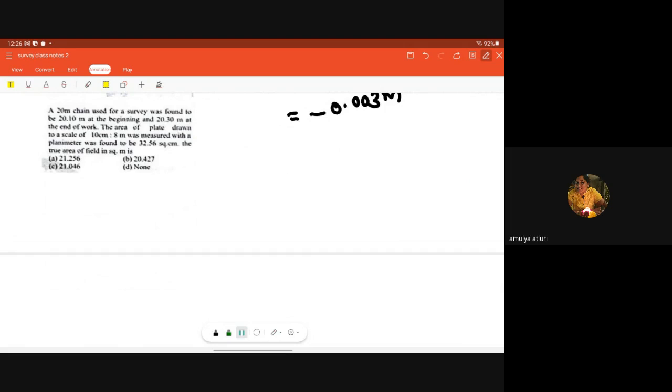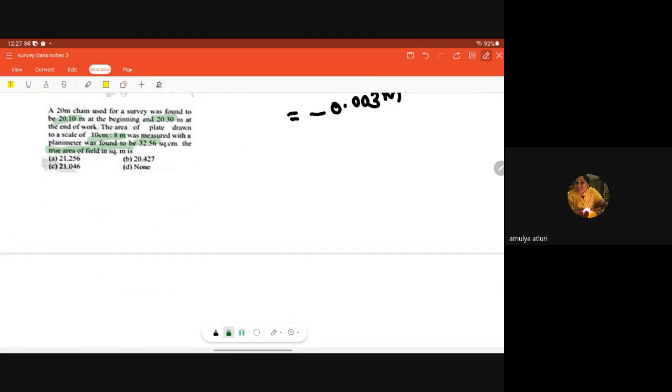The true area of the field in square meters. So they are asking the true area of the field.